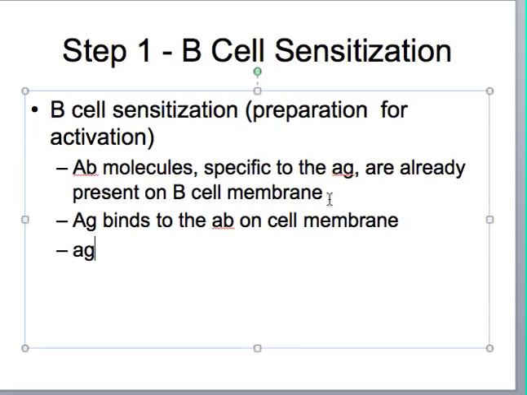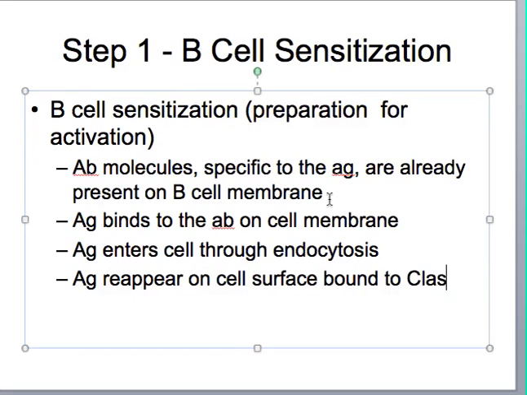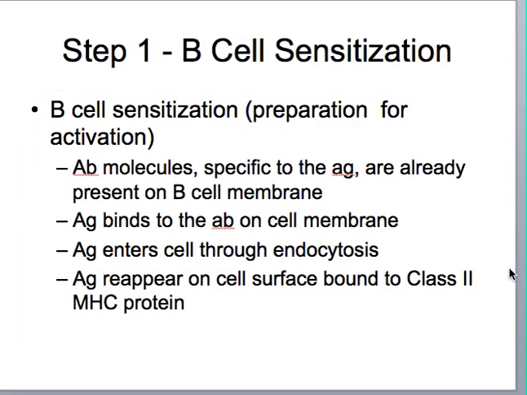The antigen enters the cell through endocytosis, and then the antigen will reappear on the cell surface bound to class II MHC protein. Okay, so that is the sensitization stage.